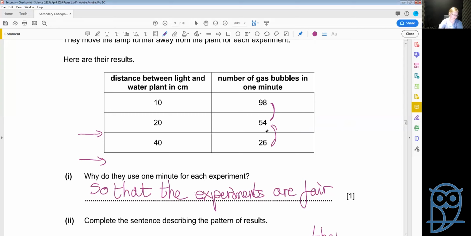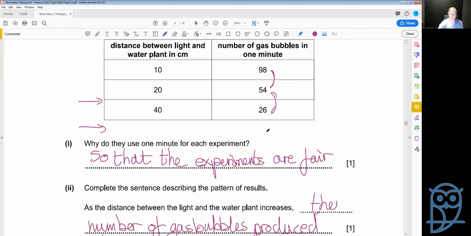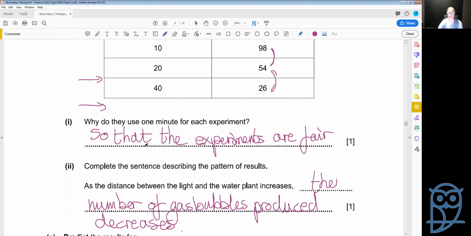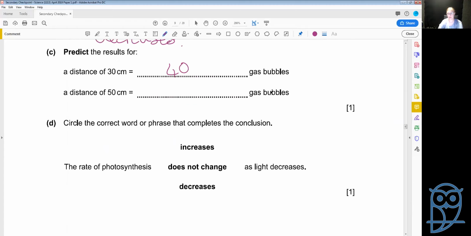Yeah, let's go with 40. So that will be about 40 gas bubbles at a distance of 30 centimeters. And 50 centimeters is even further than that, so as long as it's slightly less than this, let's go with about 15. And as long as they can see that you know more or less where it would go, then they will mark it correct.